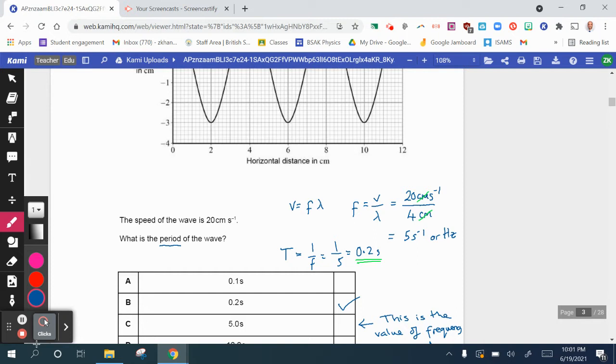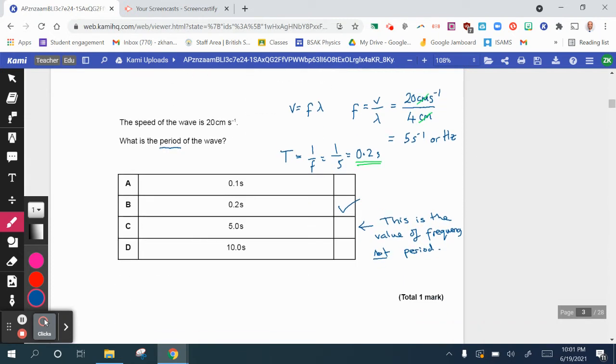So the time period is 1 over the frequency, 1 over 5, which is 0.2 seconds. So this is the trick the examiners try to pull, to get you to see this and this as a possible answer. So knowing the difference between frequency and time period is important.